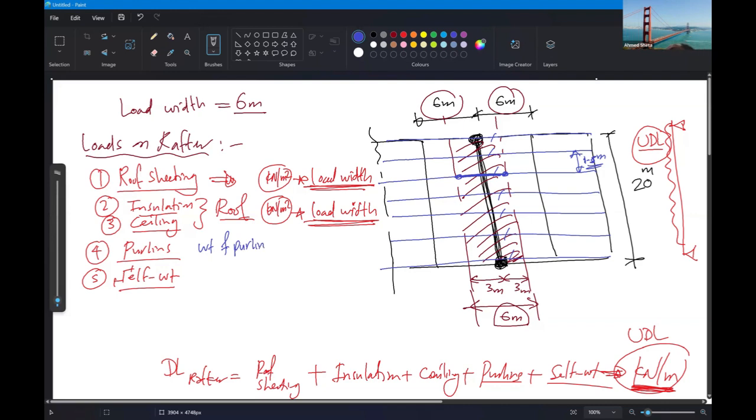So you are saying something? Oh yeah, I was just going to say, last week when we did the example, it seemed to just use a formula, like the weight of the purlin was just 1.8 over the area plus 0.12. So I didn't really consider the weight of the insulation or the ceiling or the type of sheeting or anything. No, but this was the live load.